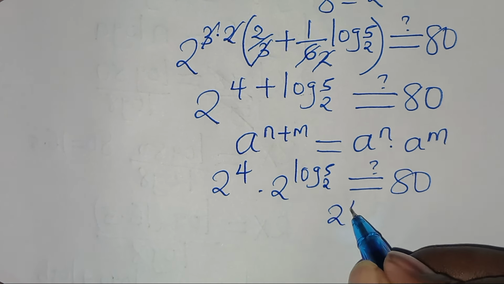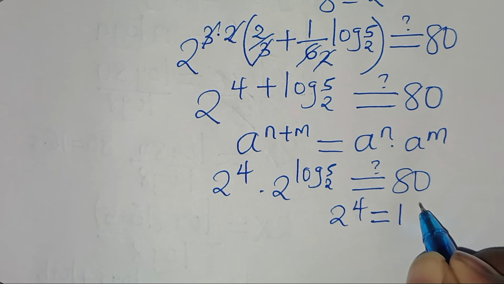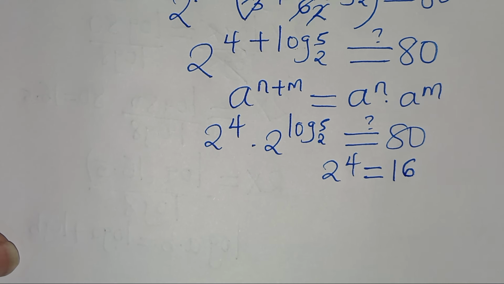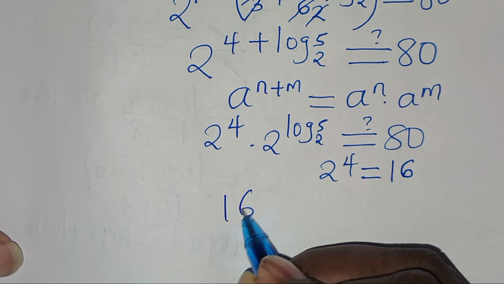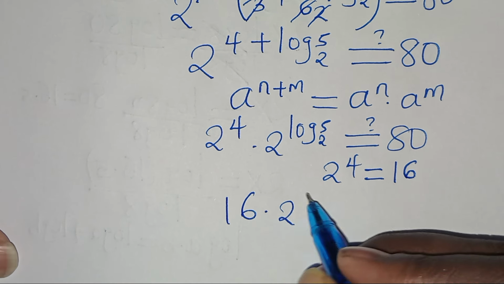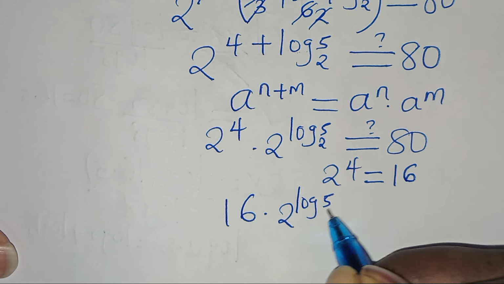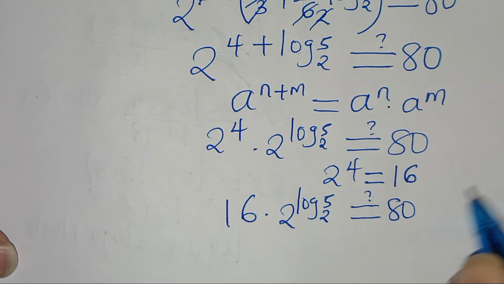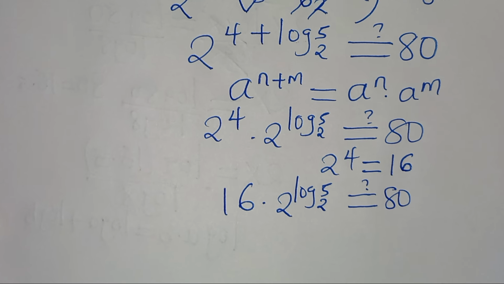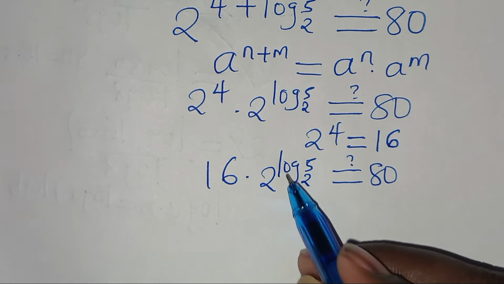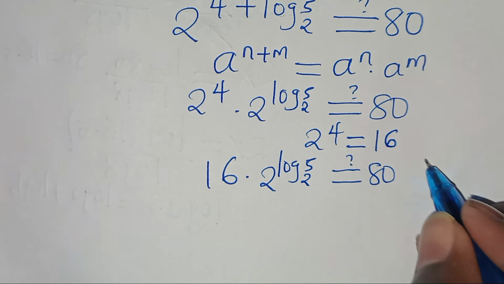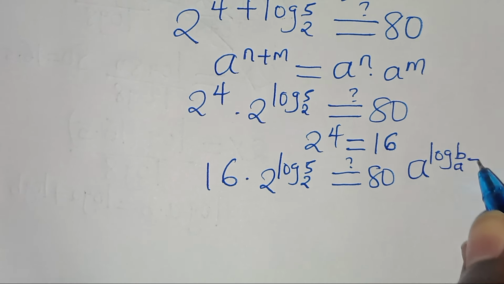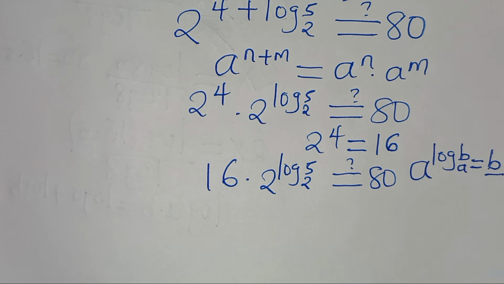So 2 to the power of 4, this is equal to 16. So this implies that here we have 16 multiplied by 2 to the power of log 5 to base 2, and this should give us a value of 80. So 2 to the power of log 5 to base 2, this is in the form of a to the power of log b to base a, and this should give us a value of b.